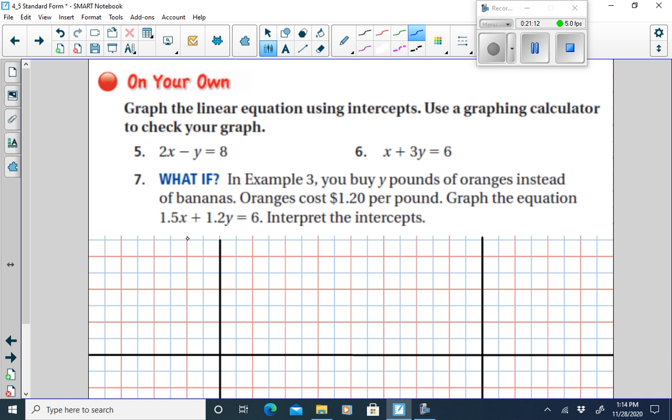If the equation is not in slope-intercept form, you can rewrite it in slope-intercept form. Or if the equation is in standard form, where x and y are on one side of the equation and your constant is on the other side, you can use the x-intercepts and the y-intercepts to graph the equation by replacing x with 0 and solving for y to give you the y-intercept, and replacing y with 0 and solving for x to get the x-intercept.